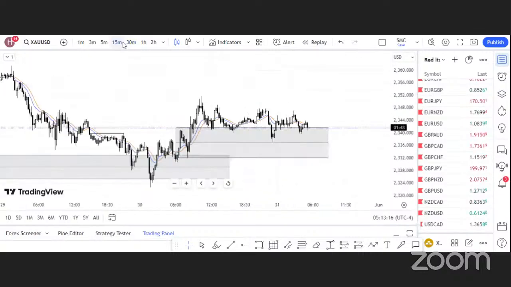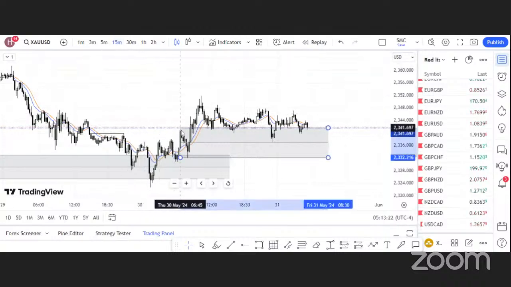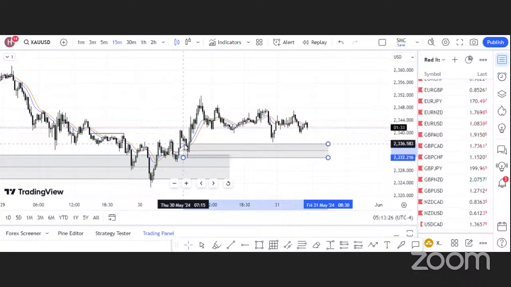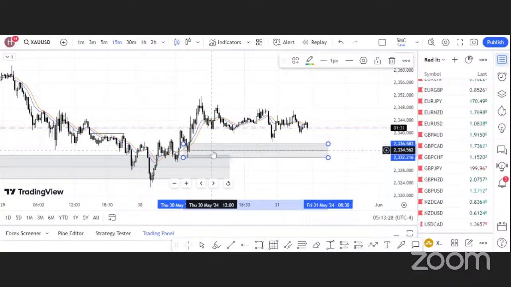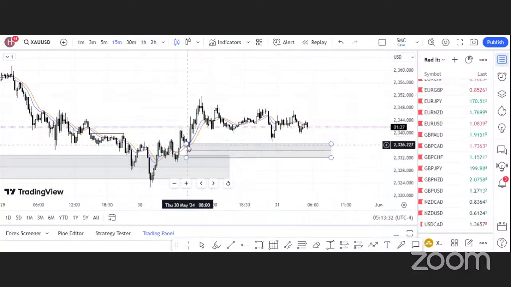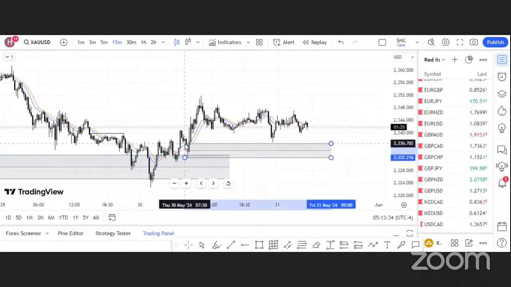So let's go to the 15 minutes time frame, right? So on the 15 minutes time frame, yes, we have another level below the level, okay?